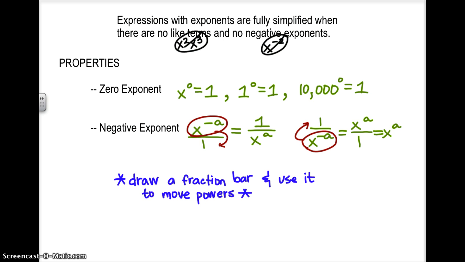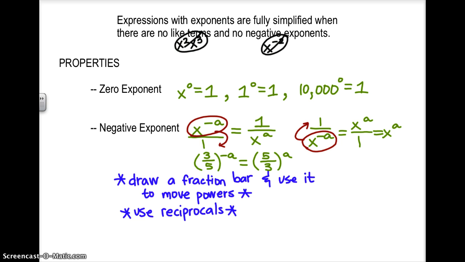Something to keep in mind is when you're dealing with a fraction, 3/5 to the negative a is the same as 5/3 to the positive a. So you may also want to watch out for or use reciprocals. Negative exponents are tricky, but treat them in terms of moving them around a fraction. If they're in the numerator, put them in the denominator. If they're in the denominator, put them in the numerator.